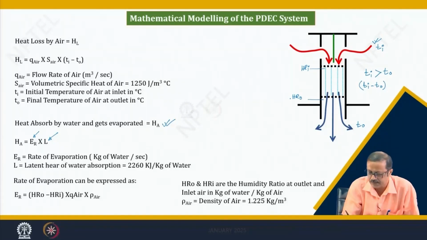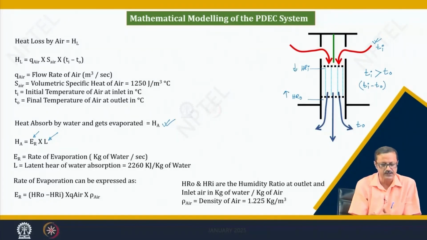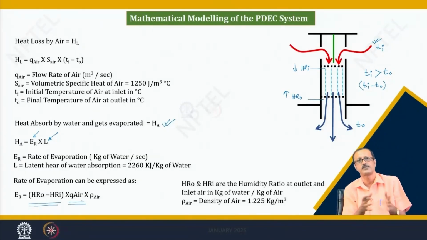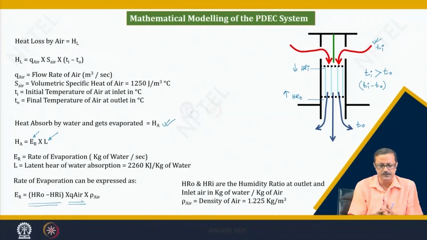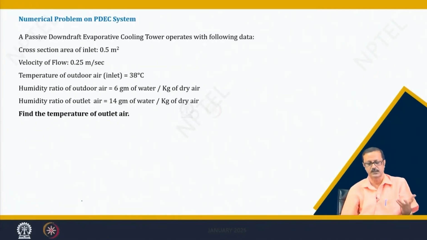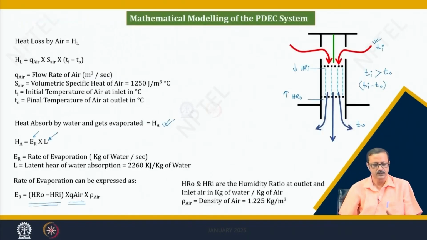So, definitely this will be high and this will be low. So, the difference of the humidity ratio from high to low is multiplied by Q of air, that is the flow of the air, and by rho of air, the density of air. By virtue of this I can find out the rate of evaporation, and I can use that with the latent heat and equate it.